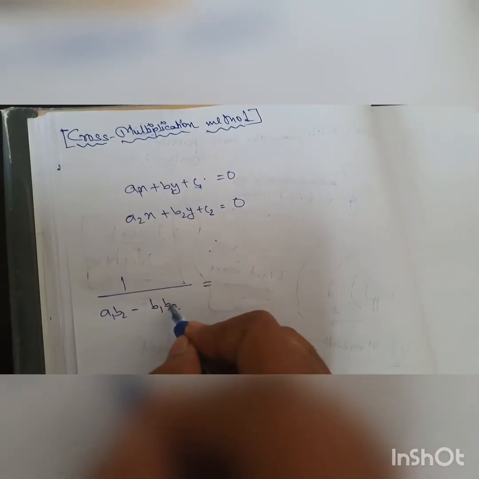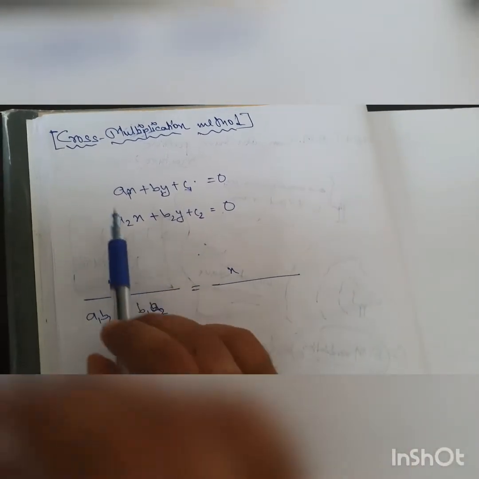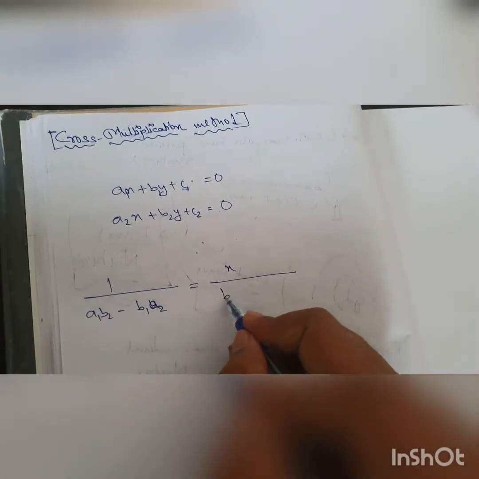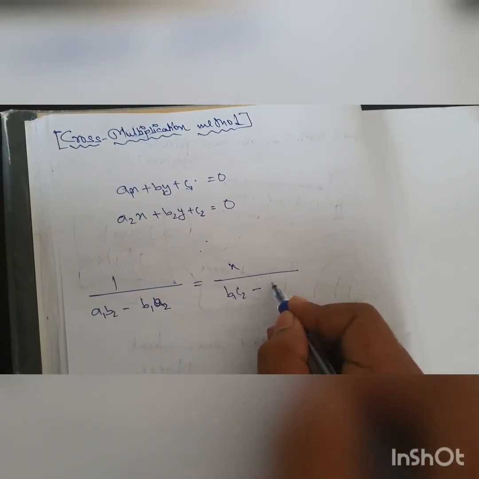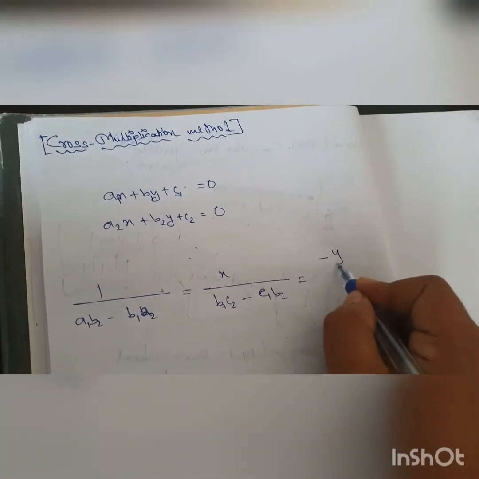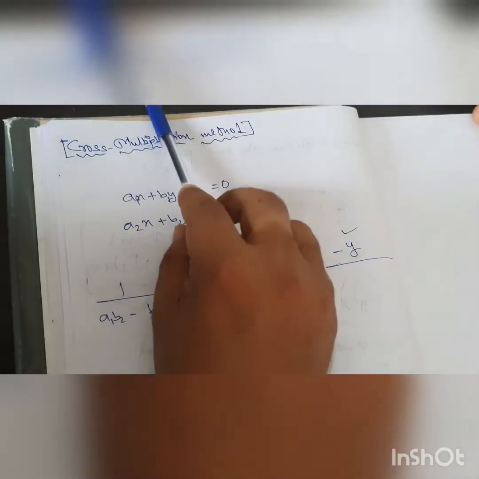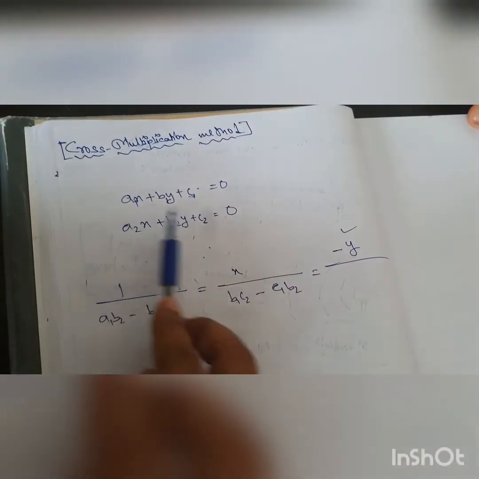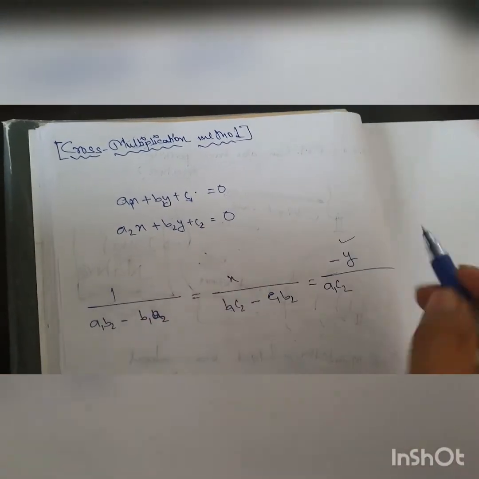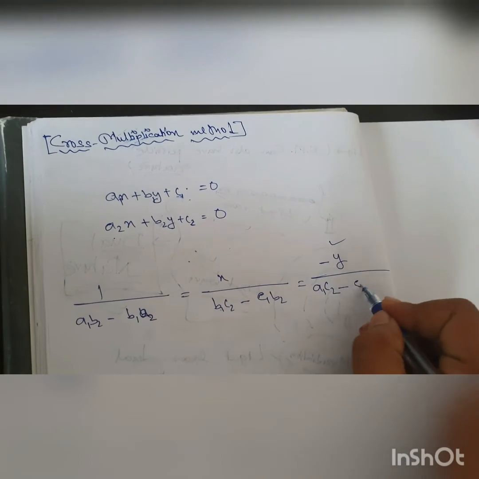Then it will be x by, if it is x by, cover x, so b1 c2 minus c1 b2, good. And y always write in minus, otherwise it will be garbled. So cover y, so it will be a1 c2, top to bottom, a1 c2 minus c1 a2, that's it.